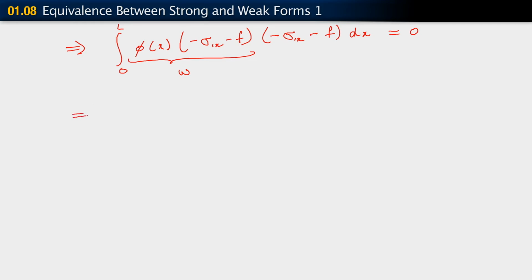So what we get from here is now integral 0 to L of phi of x times minus sigma comma x minus f, the whole square, dx equals 0. And I realize I'm missing an a here. Well, if this is the case, what do we know here?